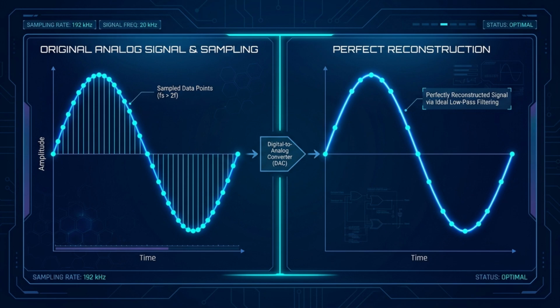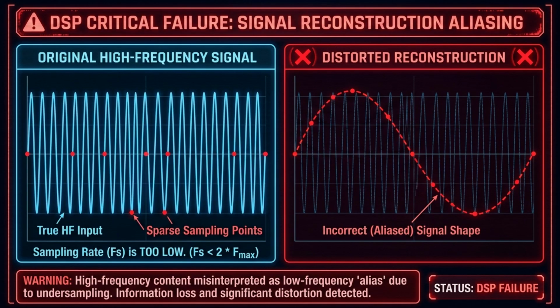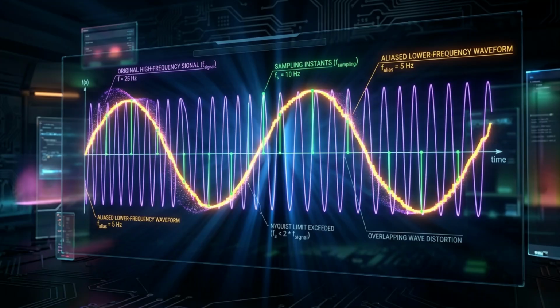Now, let's talk about what happens when we break the Nyquist rule. If the sampling frequency is too low, something called undersampling occurs. In this case, we do not take enough samples to represent the signal accurately. As a result, different signals can start to look identical after sampling. This leads to a serious problem called aliasing. Aliasing is a distortion effect that happens when a signal is sampled below the Nyquist rate.